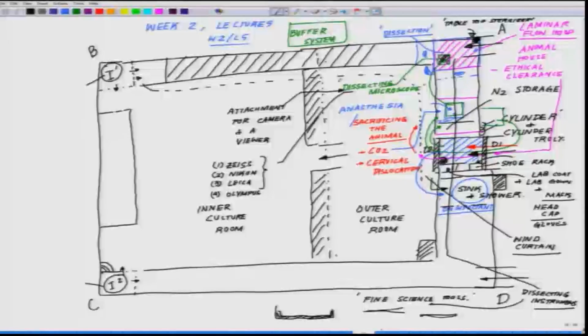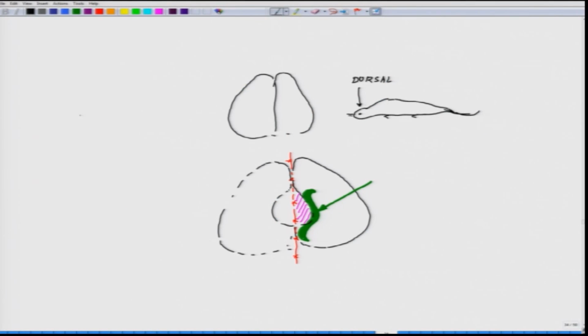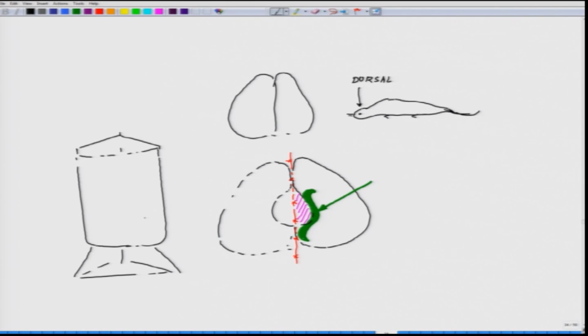Autoclaves could be of multiple types. You will see in any of these labs, they have huge autoclaves sitting in the corridors, most of the time on a stand like this. They are bolted on 3 or 4 sides like this, and connected to the power supply.